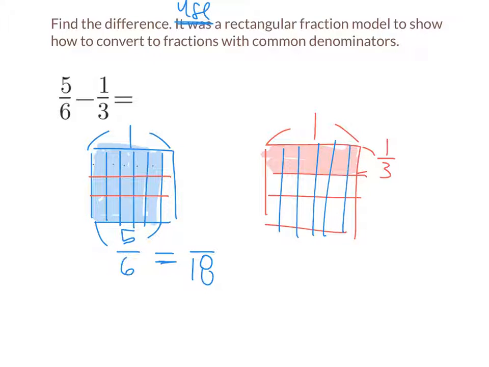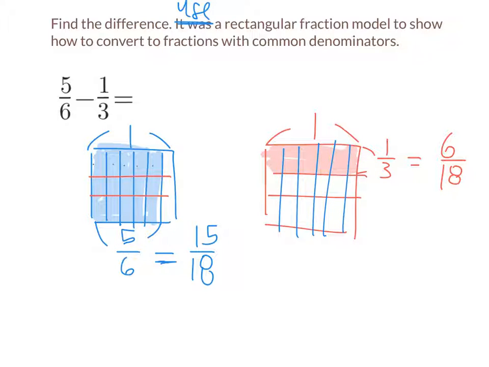And how many of those 18ths are colored in? 15. Very good. Over here, I also split it into 18ths, but how many are colored in? 6. That means that 15 18ths is equivalent to 5/6, and 6 18ths is equivalent to 1/3.